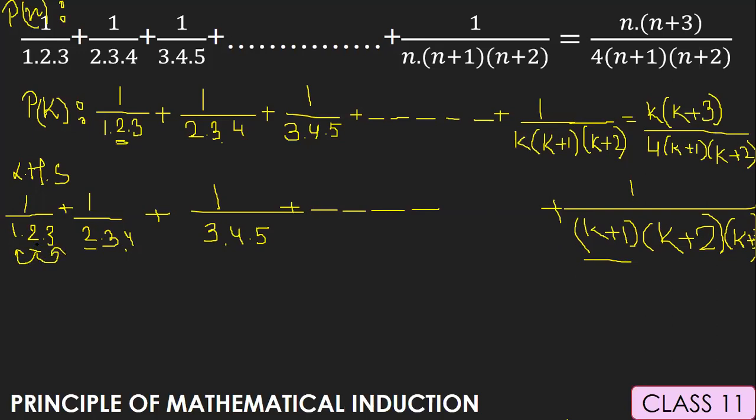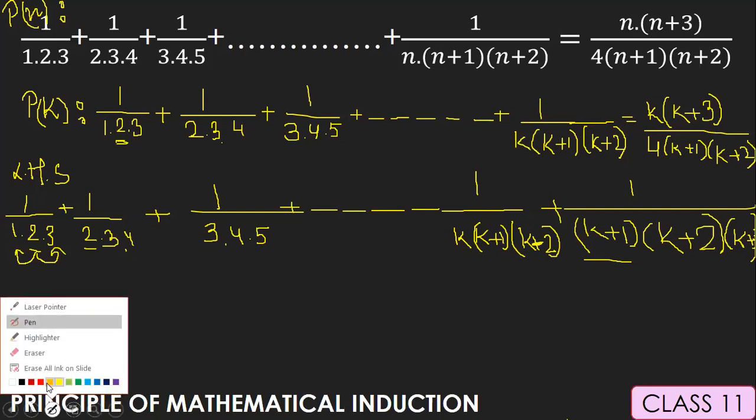That means 2 minus 1 is 1 and 2 plus 1 is 3. So your fraction previous to this fraction would be, this k plus 1 would become your second number, right? And the number before this k plus 1 is k, and the number after this k plus 1 would be k plus 2, right? So this would be your RHS.